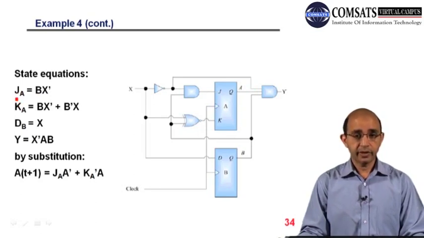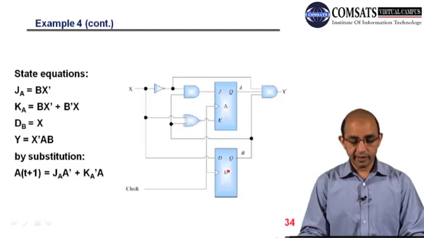Here you can imagine why we are using two letters: J mentions the type of flip-flop, and A is the tagging. Here we have D type of flip-flop, and this is the B. This is the unique tagging for this flip-flop, mentioning that this is the flip-flop B. And here we have X, and then we have Y.